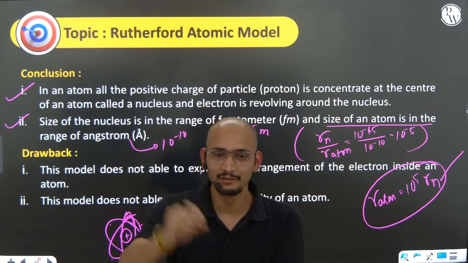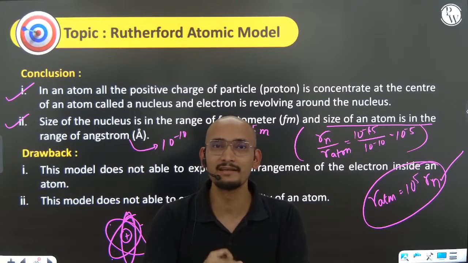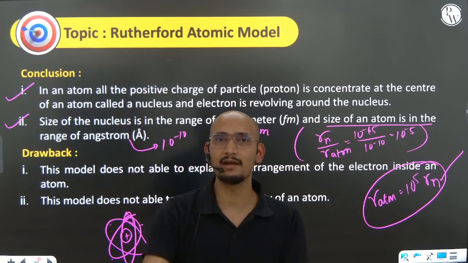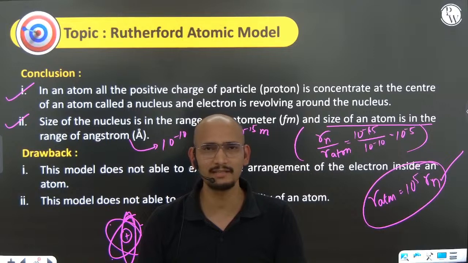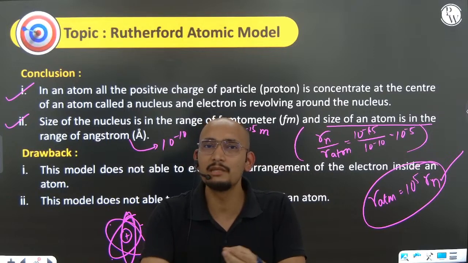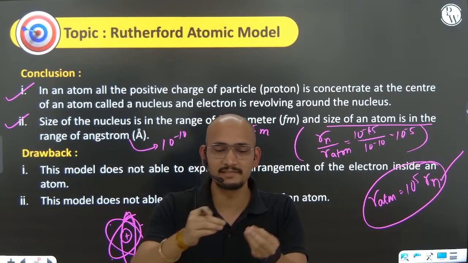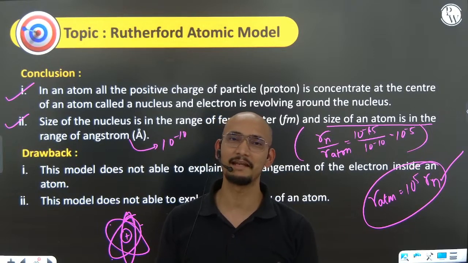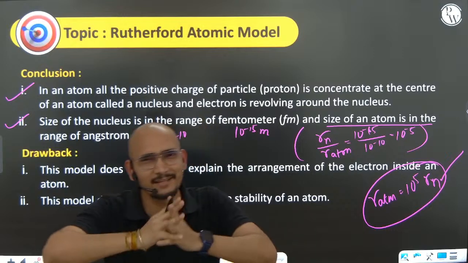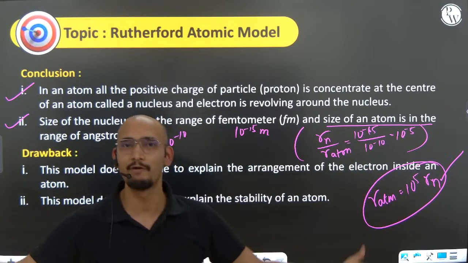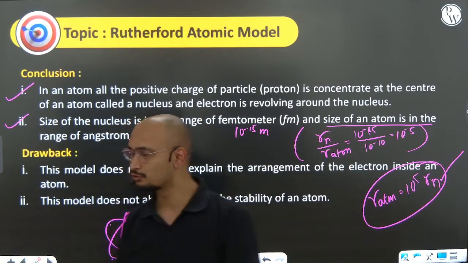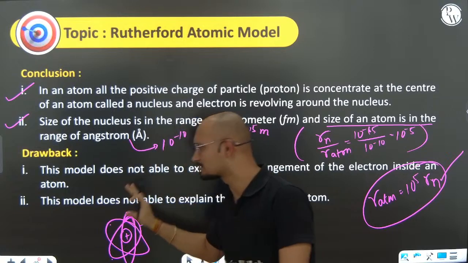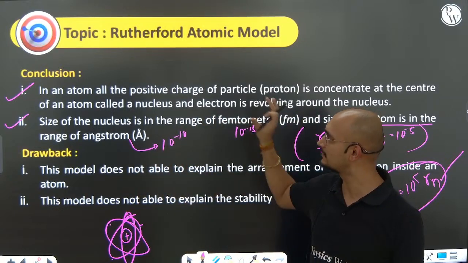So it should always keep on radiating energy. What will happen? It will keep on losing its energy. Ultimately it will fall inside the nucleus. If it falls inside the nucleus, the whole existence of the atom will vanish. But it does not happen. So for sure there is some fundamental weakness in this model.